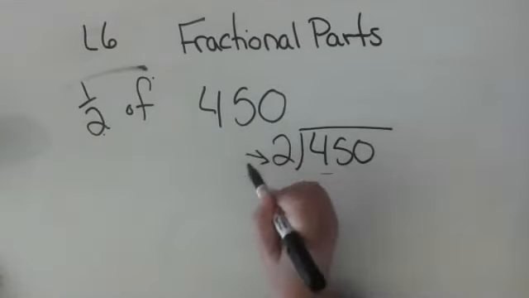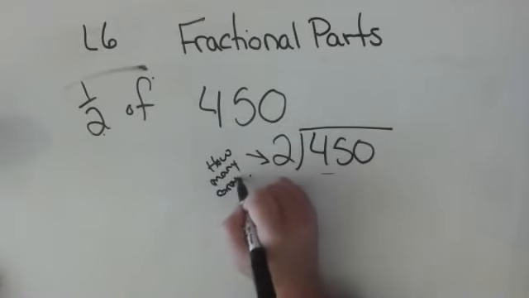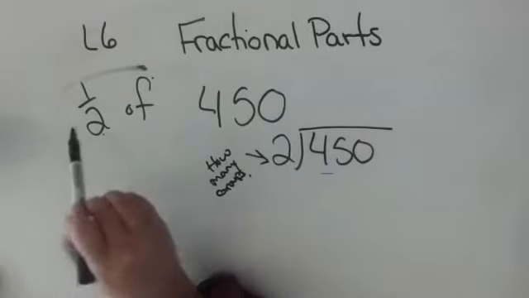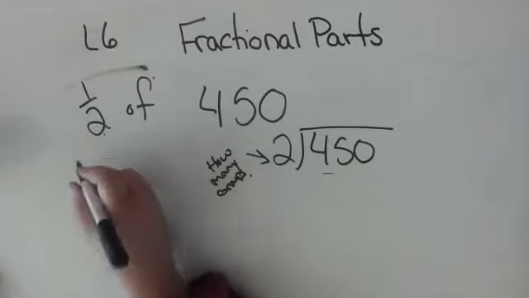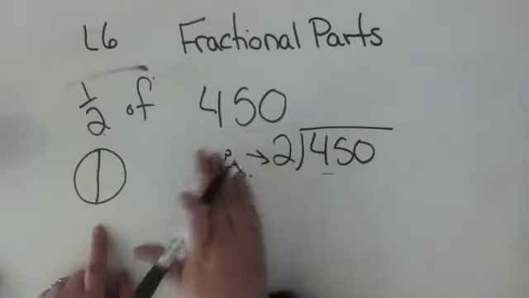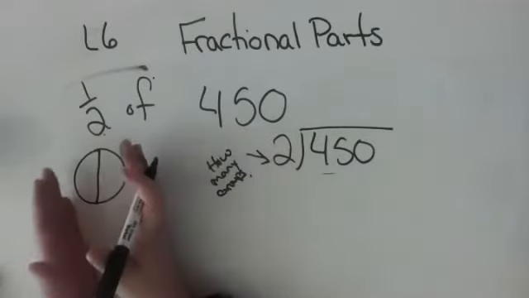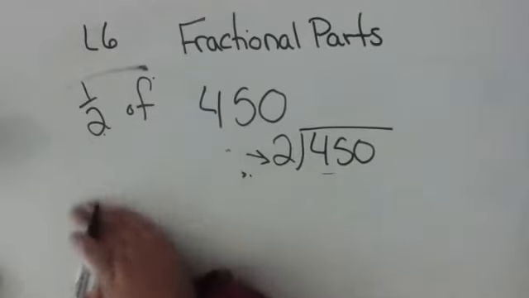This tells me how many groups am I putting it into, which is, in our case, the same as how many pieces I have altogether. So if I had, again, let's draw our half, and I'm translating this into this, I'm saying how much of 450 is going to be on either side, in either piece. That's why we're dividing by 2.